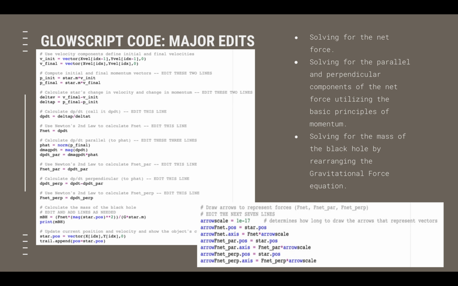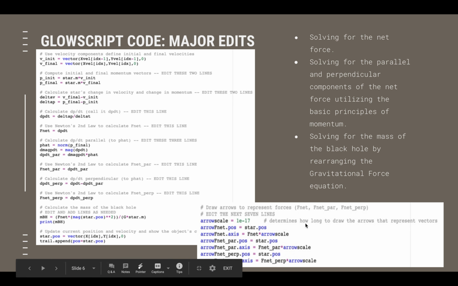Using what we have just found, I found delta V, or change in velocity, to be final velocity minus the initial velocity, and delta P, or change in momentum, to be final momentum minus the initial momentum. Then I calculated dp/dt to be the change in momentum over the change in time.